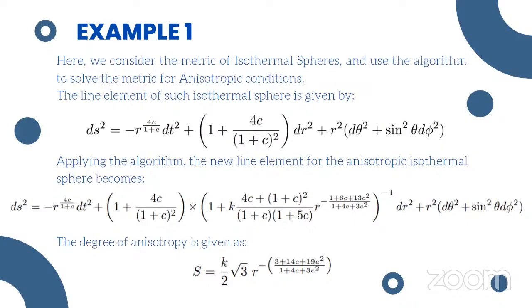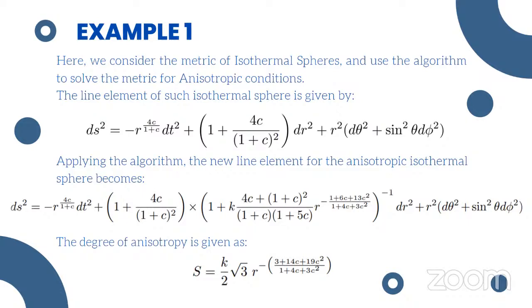The line element of such a sphere is given by the following expression. The first expression that you can see on this slide is the line element of such an isothermal sphere. Now, when we apply our previously mentioned algorithm on this line element, the anisotropic effects also come into consideration.